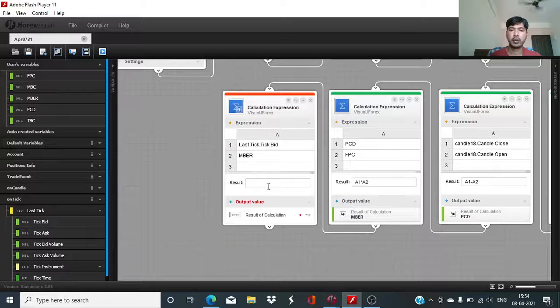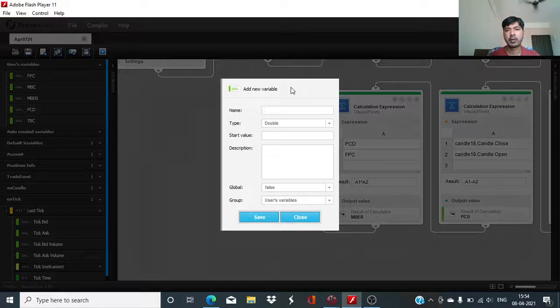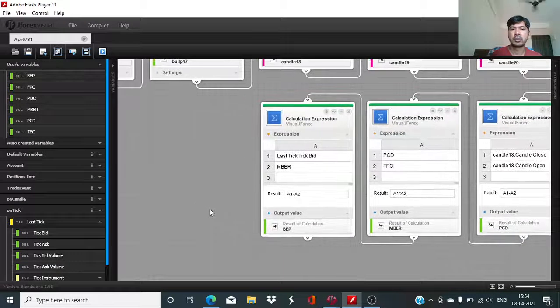So this is going to be A1 minus A2, and this will be buy entry point.